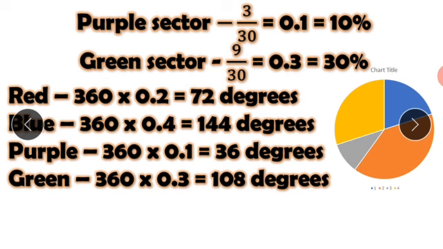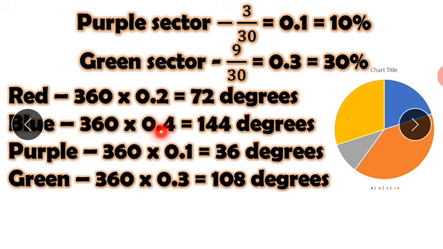After we get the ratio and the percentage, then it is time to get the angle, or the measure of sections in degrees. For red, which is 20%, 360 times 0.2 is 72 degrees.